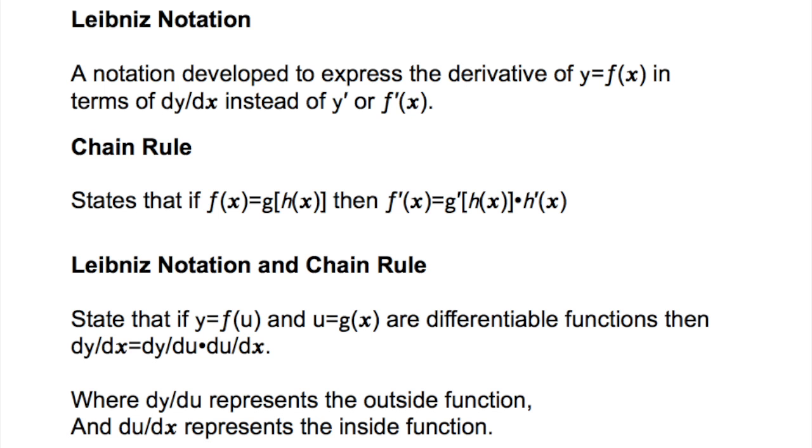If used together, Leibniz notation and chain rule state that if y equals f at u and u equals g at x are differentiable functions, then dy over dx equals dy over du times du over dx, where dy over du represents the outside function and du over dx represents the inside function.